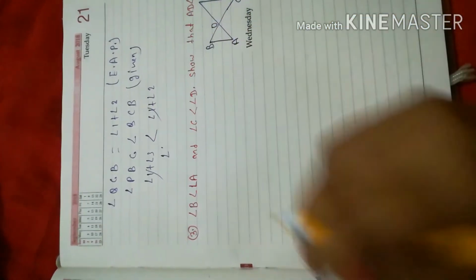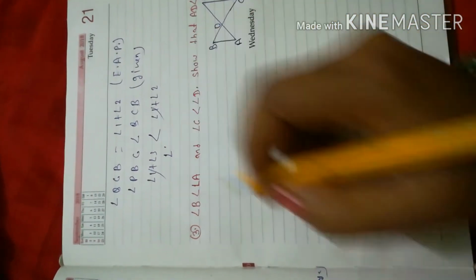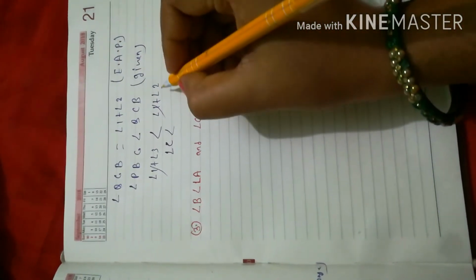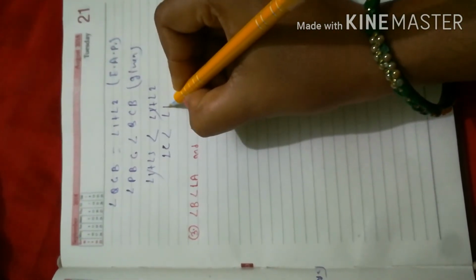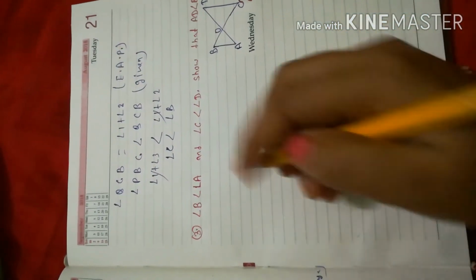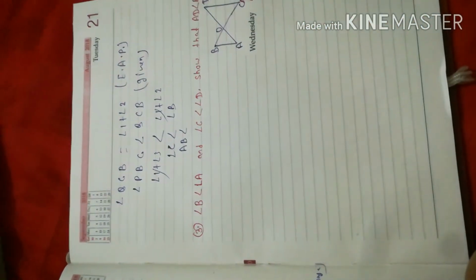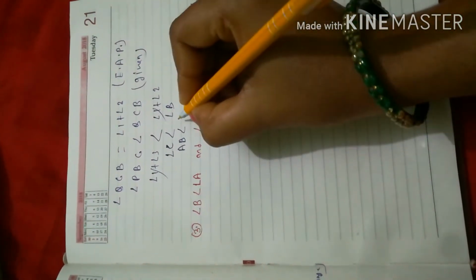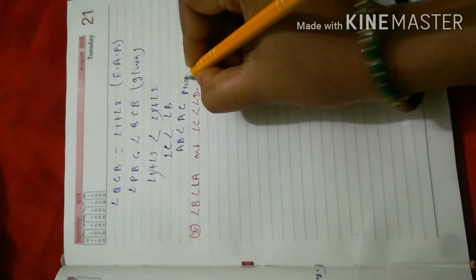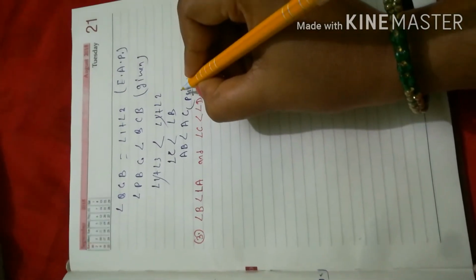At the place of angle 3 we can write angle C, and at the place of angle 2 we can write angle B. And the opposite side of angle C is AB and the opposite side of angle B is AC. This one only we have to prove. Proved. Here also we will write the theorem.